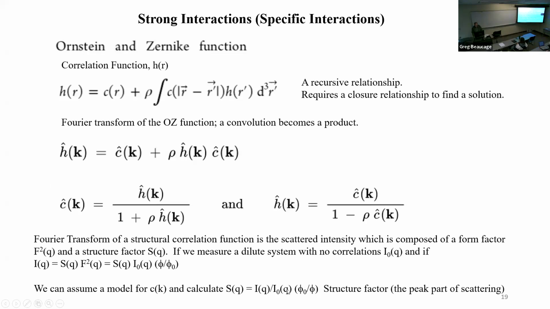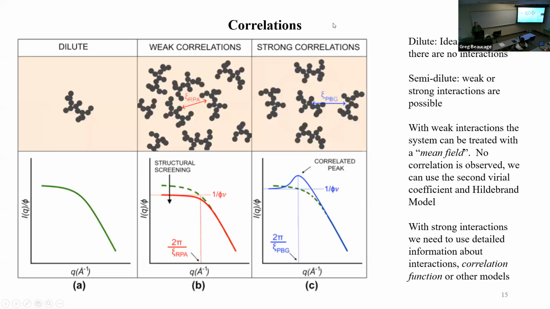The scattered intensity has the structure of these things in it; whatever the thing is, it has a structure if it's dilute, right? It looks like that in scattering. When you put it into a mixture, it changes, like the original dashed one changes to that. And if you have correlations, it has a peak in it. So if you divide the blue by the green, you get the structure factor.